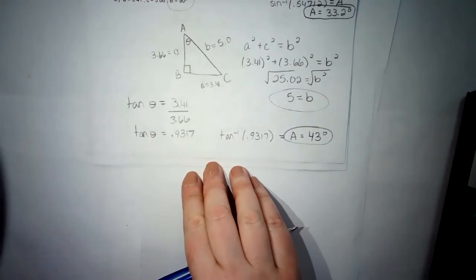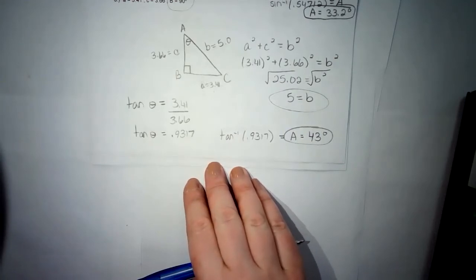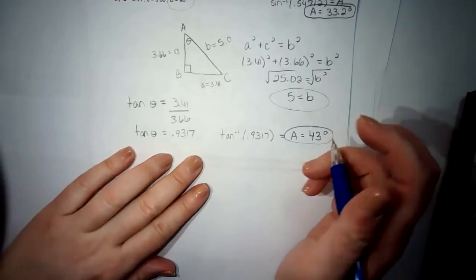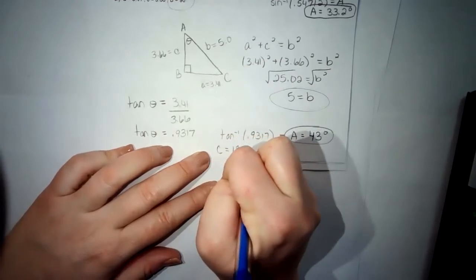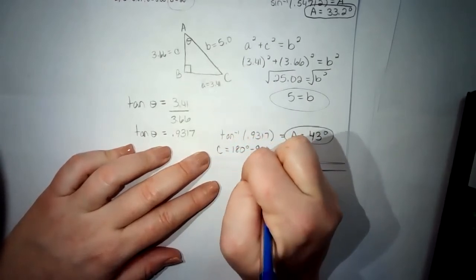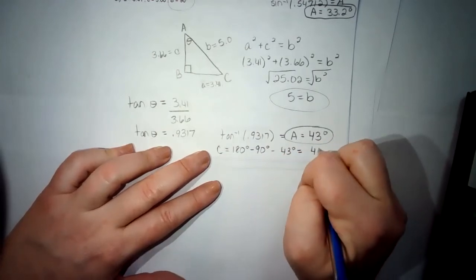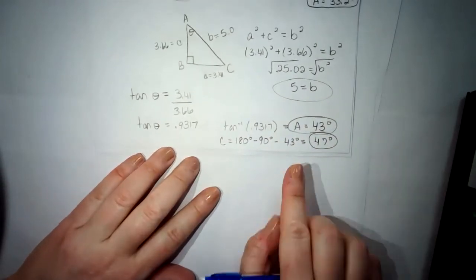See, on the other problem where we were kind of messing around with SOHCAHTOA, we never found the angle. We never found theta. We just found the sides, right? The functions. Okay, now I also need to find side C. So I'm going to do 180 minus the given 90 minus the 43, and I get 47 degrees. And there we go.